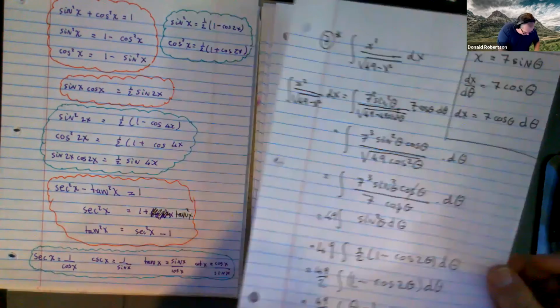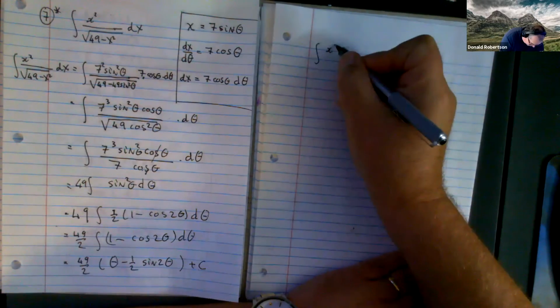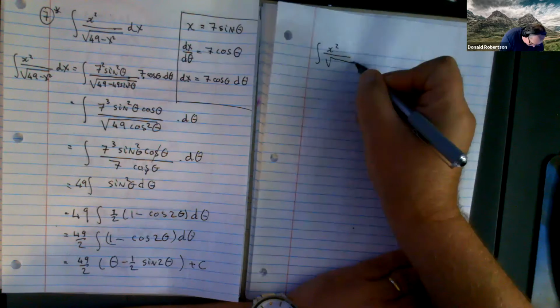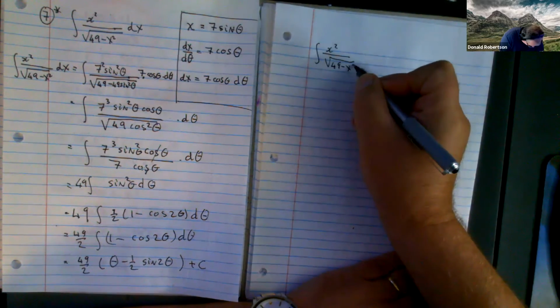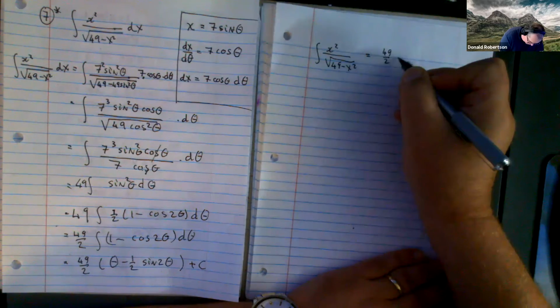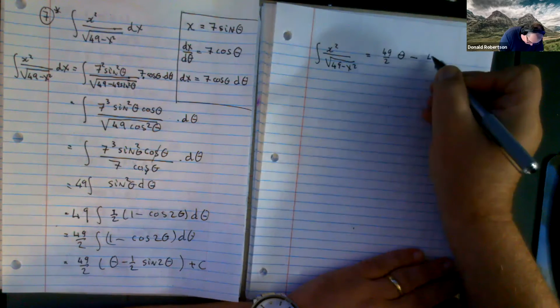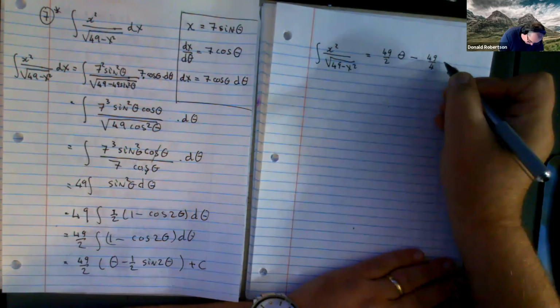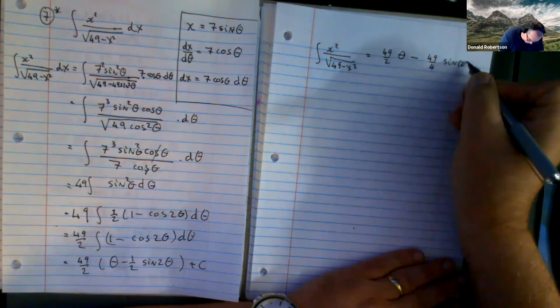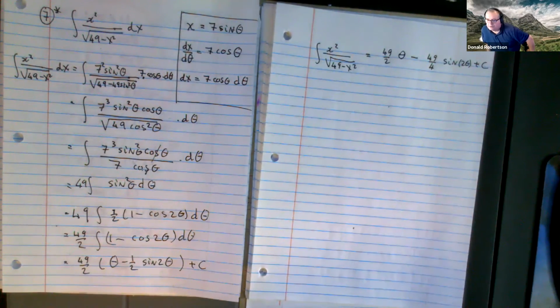And so this fella, the original integral, which was this one, has been integrated, and it ends up being 49 halves theta, take away 49 quarters, the sine of 2 theta, add C. So far, so good, right?